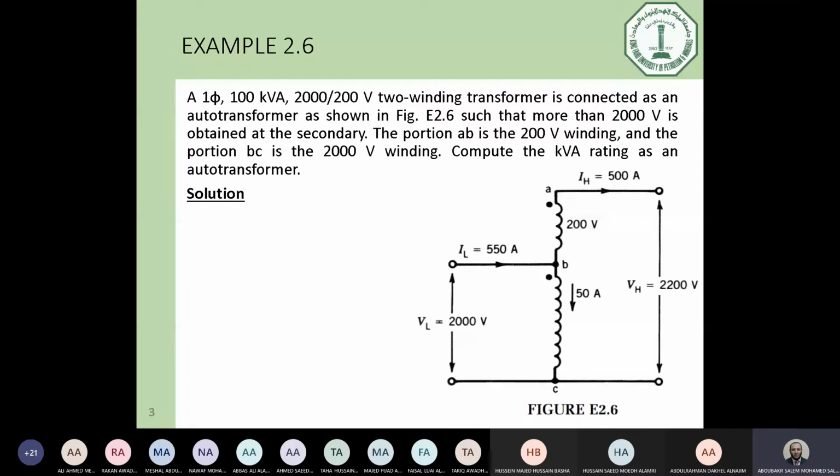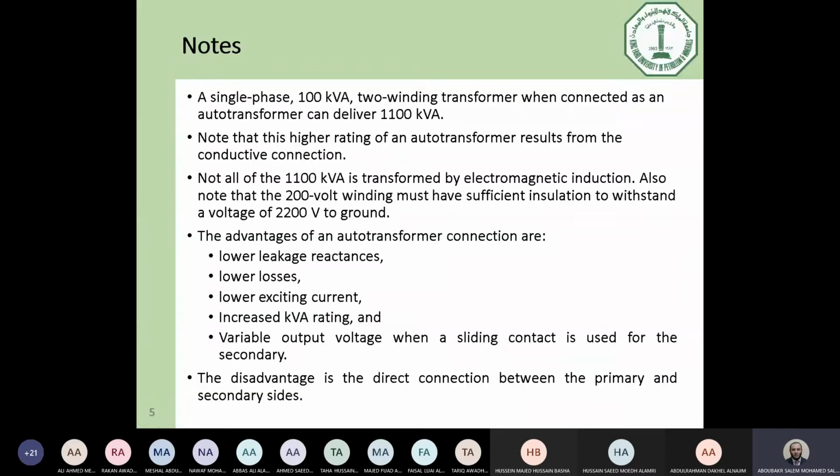For that, you will find that the losses, the copper resistance of this connection here, is lower than in the case of the two-winding transformer for the same rating. So we expect also to have lower exciting current, because the exciting current in the autotransformer now is 50 amp, and in the corresponding two-winding transformer is 550 amp.